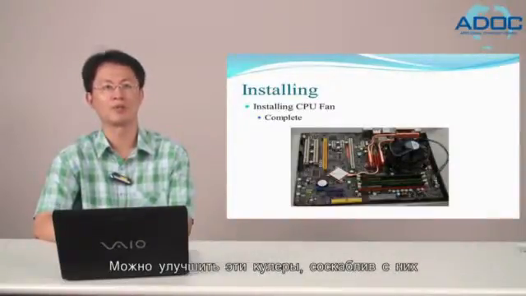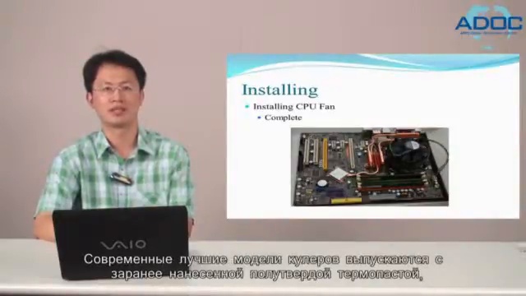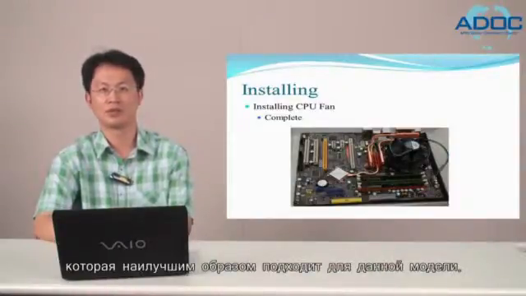You can upgrade these coolers by scraping the pad off and replacing it with an appropriate smear of heatsink grease. Better coolers these days come with a pre-applied semi-solid thermal compound, which gives you the best of both worlds.